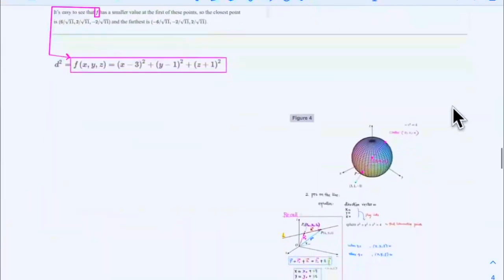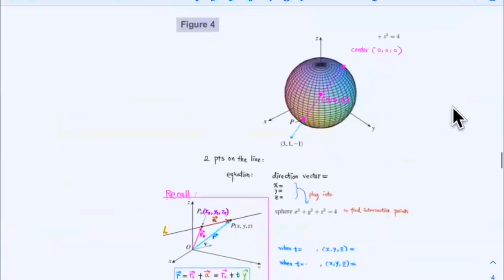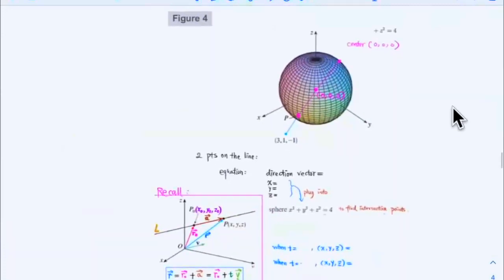I actually have to put something down here. Start over here. So this is the point. And we try to find 2 points, right? On the sphere, 1 point is closest and 1 point is furthest. Now let's think about the closest.